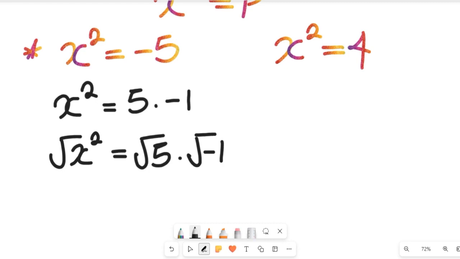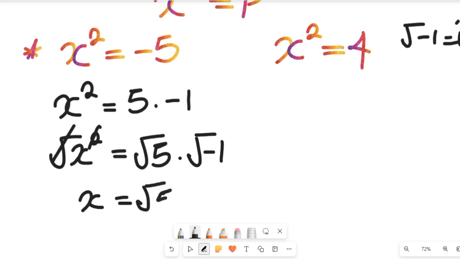Recall that the square root of -1 is imaginary. So our x will be equal to the square root of 5 imaginary. Great, that's the value of x.